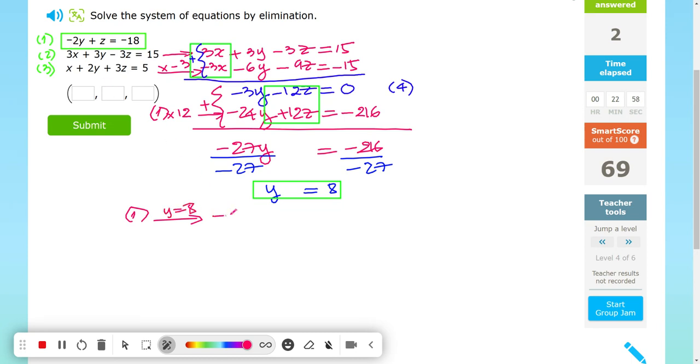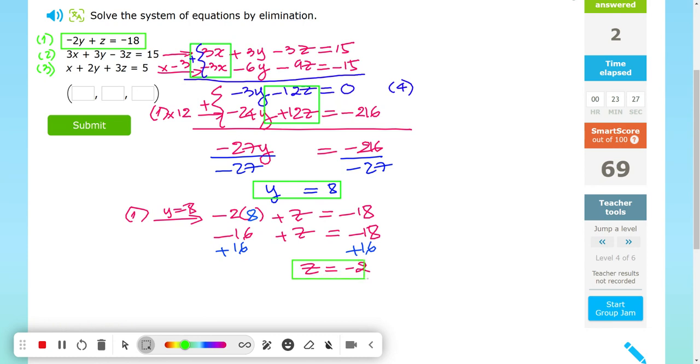Equation number 1 is negative 2y plus z equals negative 18. I substitute y for 8, so I come out with negative 16 plus z equals negative 18. I add 16 on both sides, so z equals negative 2.